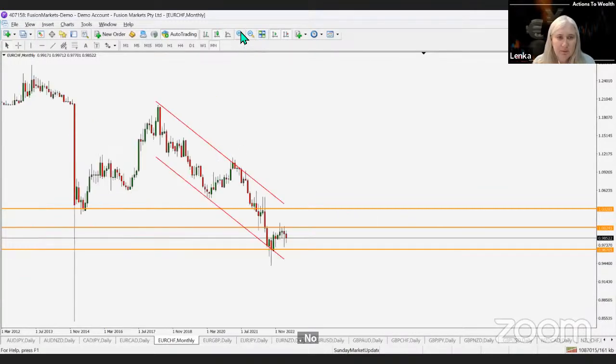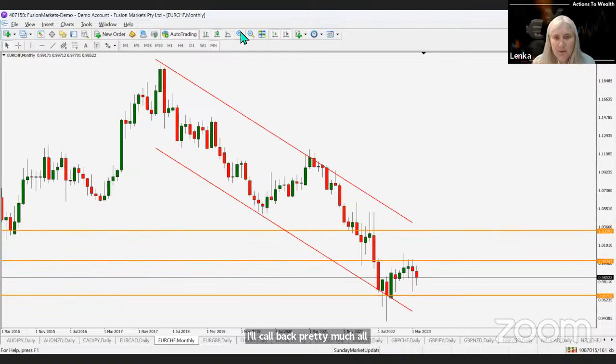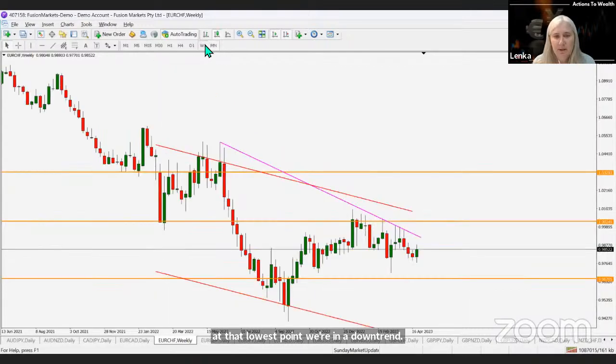Pretty much for quite some time. We're at that lowest point. We're in a downtrend, right? This is on the weekly. There's nothing really between that. We're still in a downtrend, looking for pullback there.